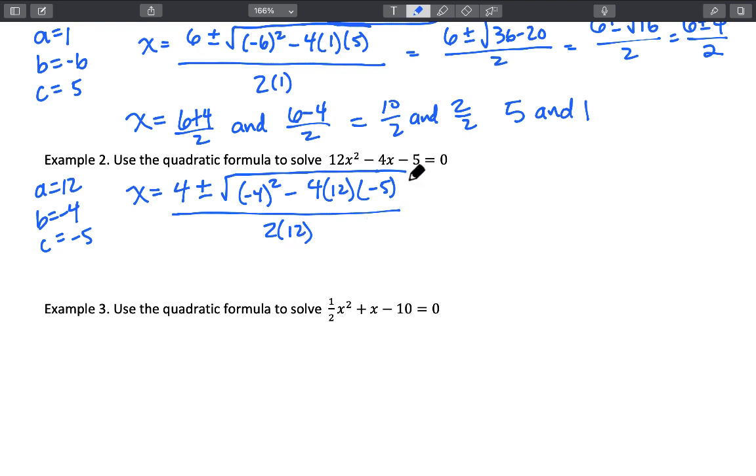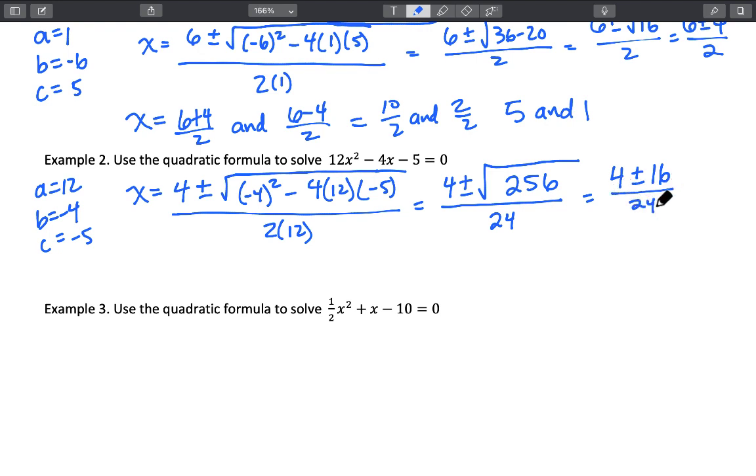All right, so again, we're going to simplify that inside part first. Doing the math on that, we got 4 plus or minus the square root of 256. That's the result of taking 16 and adding 240 to that, all divided by 24. Now the square root of 256 is 16, so my two solutions here are 4 plus or minus 16 all over 24.